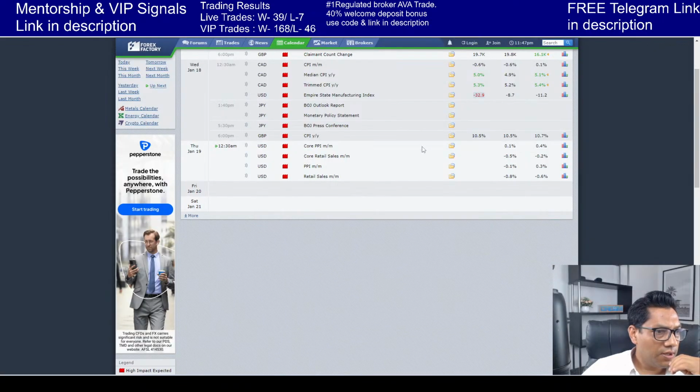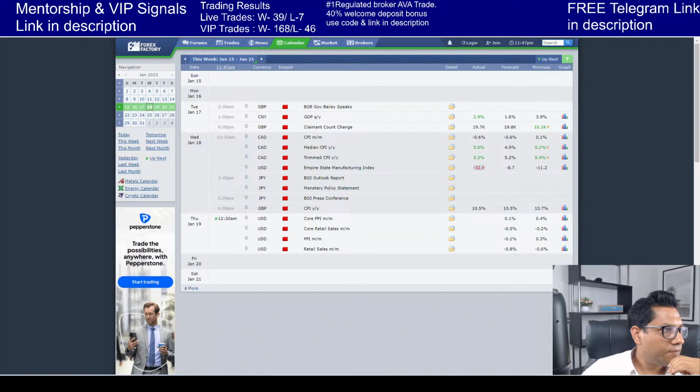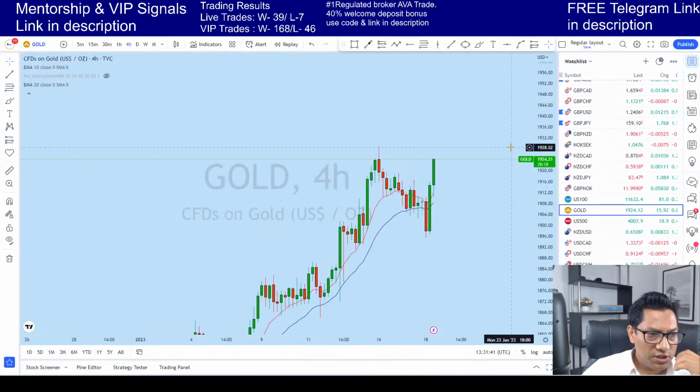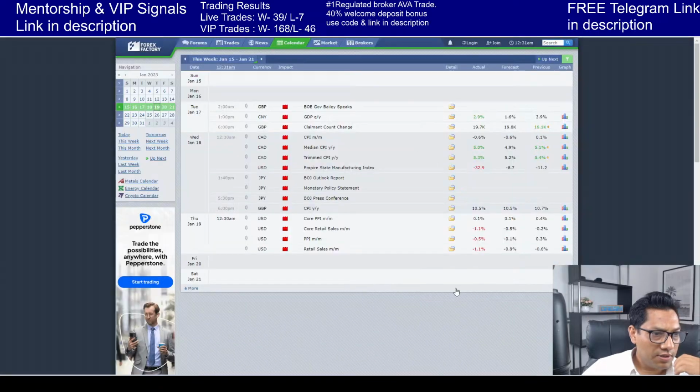Okay, so let's look at the result on the news. You see that? We see weakness in the dollar. The result is basically further weakening in the dollar.